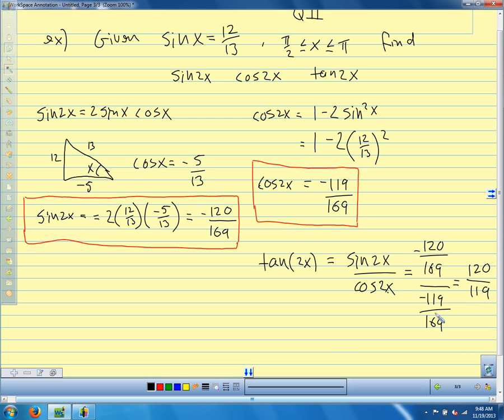I flip this one and multiply, so the 169s end up canceling. So there's the sine, cosine, and tangent of 2x, starting just with the sine of x, sorry. I think that's kind of cool to be able to do that.